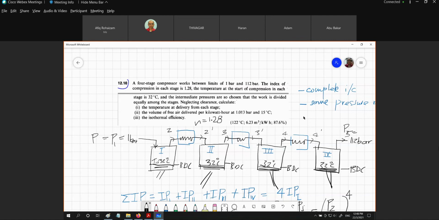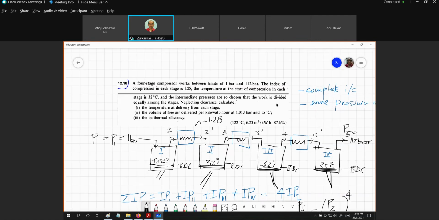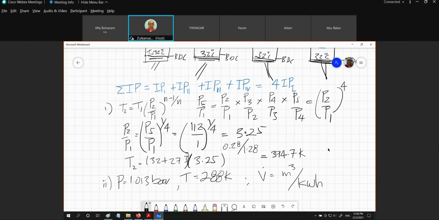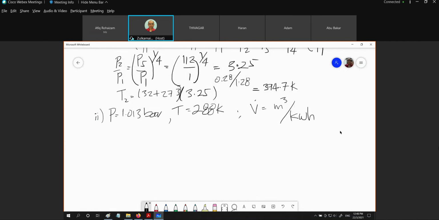So how do we do that? We want the free air delivery. So now, for every kilowatt hour. If we get V equal to M R T over P, with dots here. Okay.